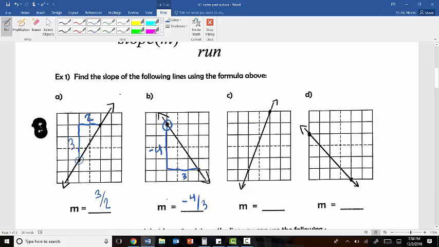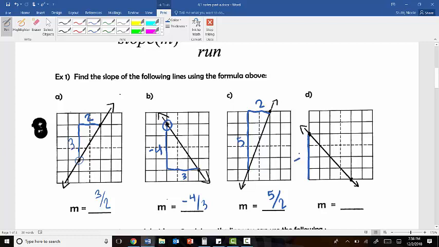Letter C, it looks like I'm going to start here. I'm going to go up 1, 2, 3, 4, 5, and to the right 1, 2. So 5 and 2. My slope is my rise, 5, over the run, which was 2. And then last but not least, we're going to start here, and we're going to go down 1, 2, 3, 4.